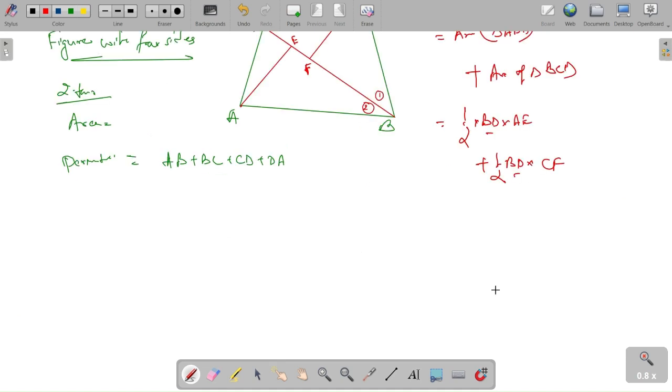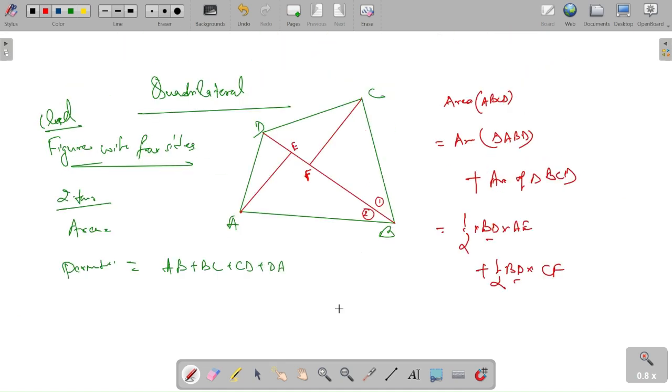So your area of the quadrilateral ABCD is nothing but half into one of the diagonals, BD, into the altitudes from the opposite sides. What are they? AE plus CF, the sum of the altitudes from the opposite sides.